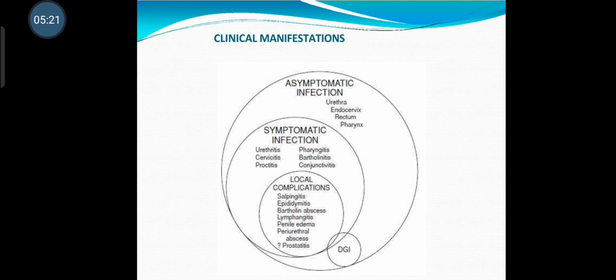First are the asymptomatic infections, which are in the urethra, endocervix, rectum and pharynx.